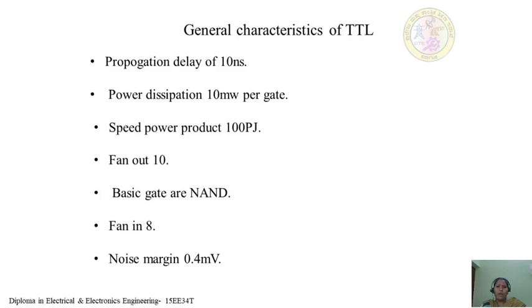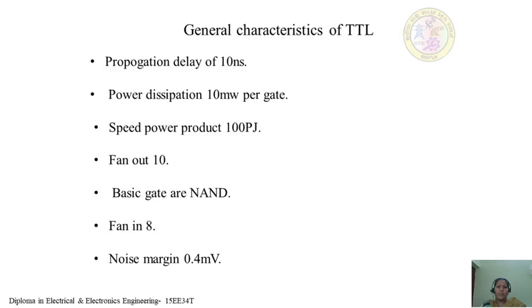The total power is the summation of the power consumed in each gate of the IC. Hence, the total power dissipation is the product of the applied voltage and current. The unit of power is watts. As TTL logic gates require a very small amount of power, we represent this in milliwatts.